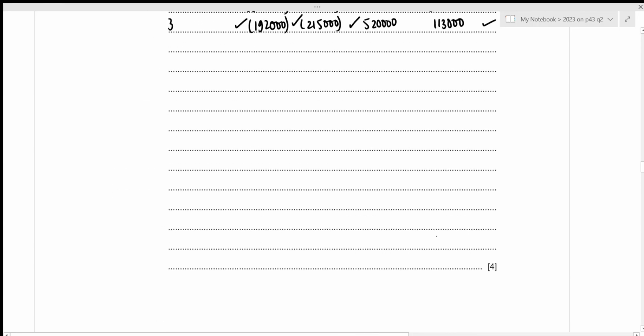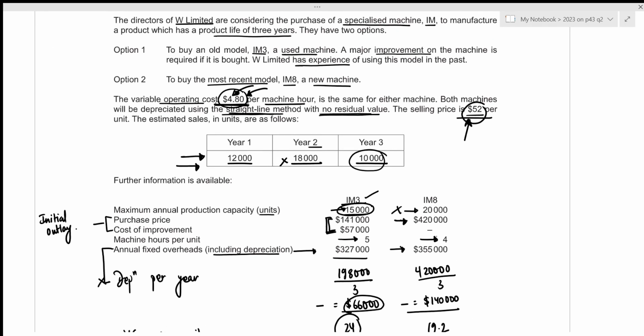Now let's take a look at the given information. Okay, so the first thing that we can consider is that IM8 is the most recent model as compared to the old model IM3, which means that the quality of products might be better from model IM8. Let's write it down.